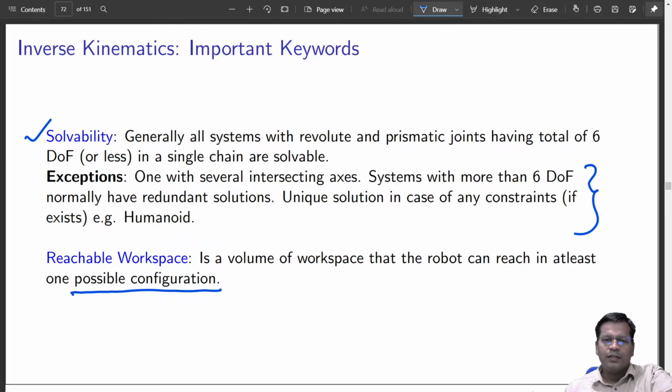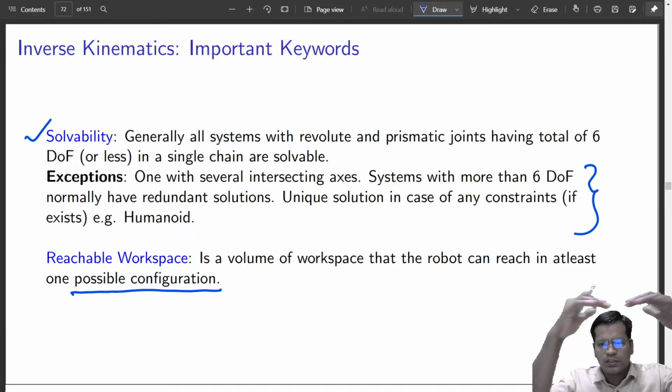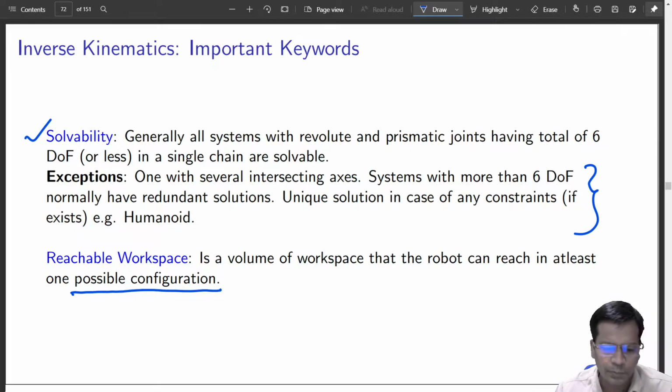Let us say your robot has been given a workspace. This whole volume is known as the workspace, because your robot can go there, maybe in a fully stretched condition, or by twisting its arms in a way that it goes there. So that becomes your reachable workspace.